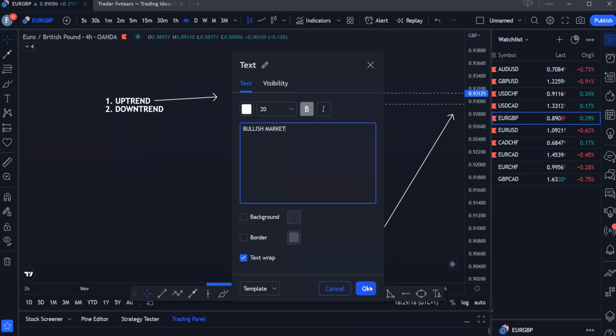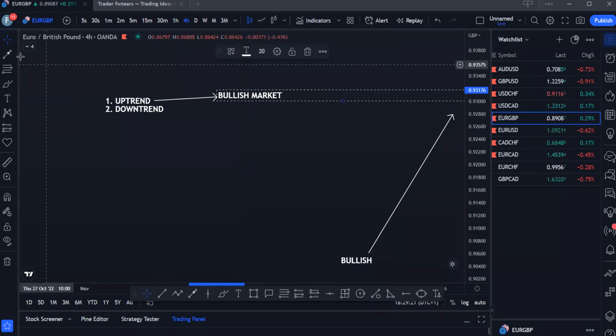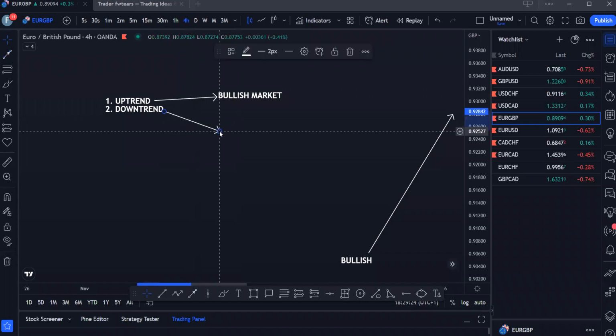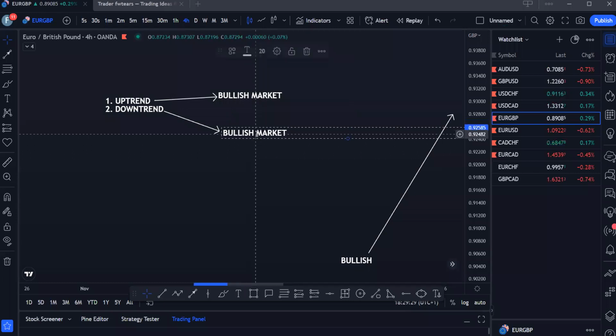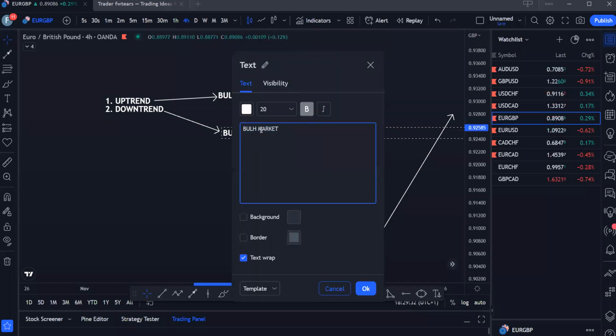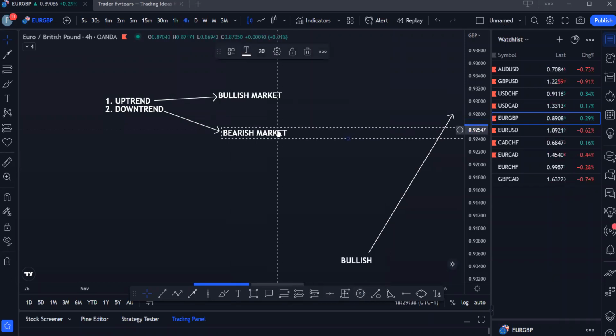Meanwhile, a downtrend is a bearish market. These are the 2 major trends that you need to learn as a Forex trader. When price is bullish, we say that it is in an uptrend. When price or the market is bearish, we say that it is in a downtrend.